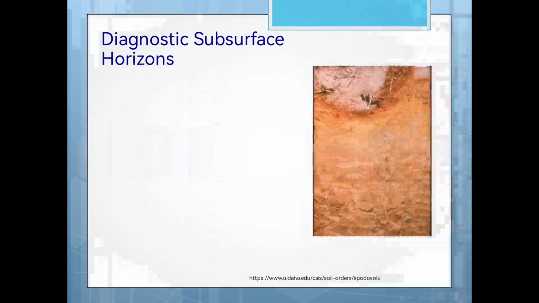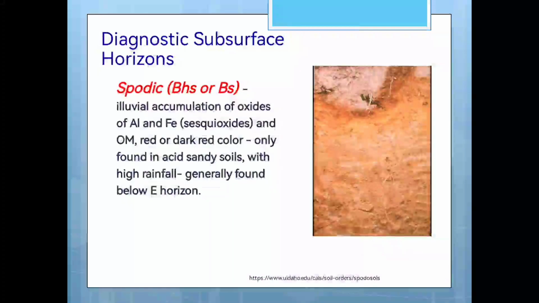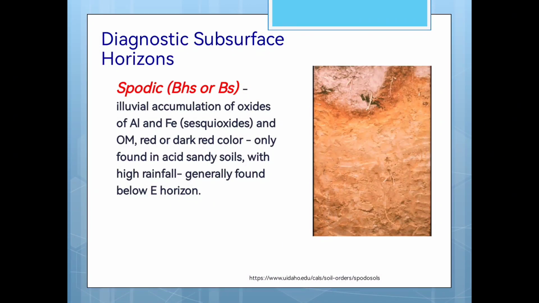And then we also have spodic. Spodic, so it has a subscript of BHS or BS. So there is an alluvial accumulation of oxides of aluminum and iron, the Sesqui oxides, kaya may S, and organic matter.